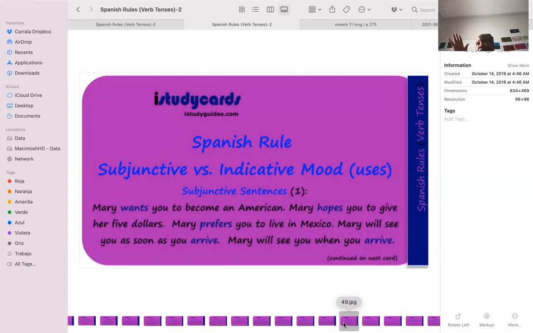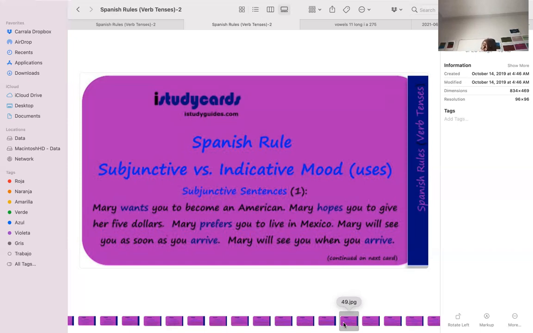Well, it wouldn't be clear anyway because I only have the you, but let's do it so that it's clear. Mary hopes that her father give her $5. But that sounds so weird in English. But that's how it would be in Spanish, because she wants her pops to give her $5.